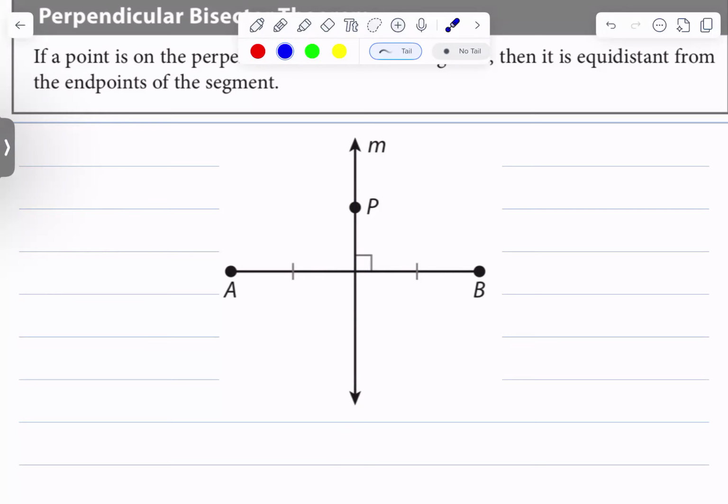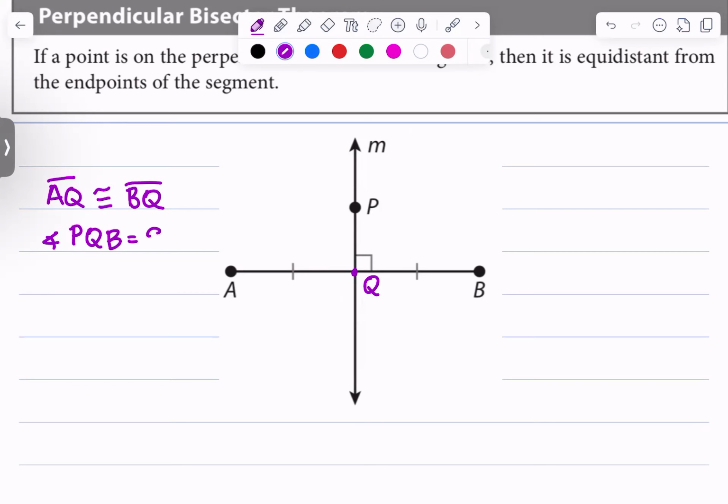So we know if this point is, let's say, Q, we know AQ is congruent to BQ and angle PQB equals 90 degrees. Measure of angle PQB is 90 degrees.